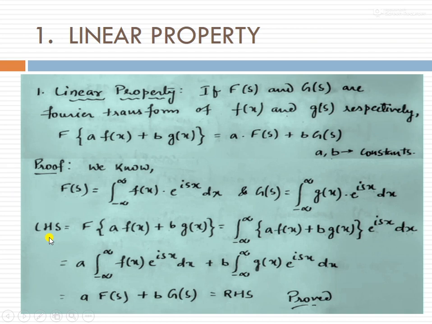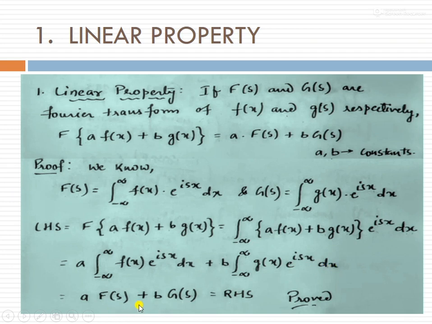So in the linear property, the Fourier transform of a f(x) plus b g(x) can be written as the integral from minus infinity to plus infinity of (a f(x) plus b g(x)) e^(isx) dx. We see that e^(isx) is common in F(s) and G(s). So that can be written as a times the integral from minus infinity to plus infinity of f(x) e^(isx) dx plus b times the integral from minus infinity to plus infinity of g(x) e^(isx) dx.